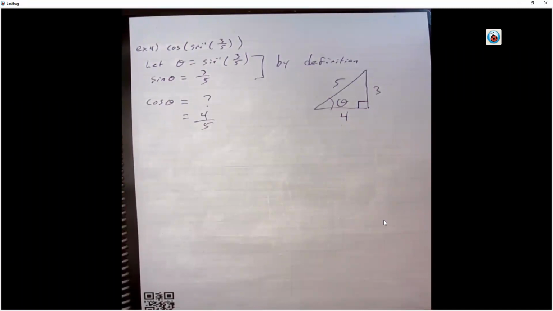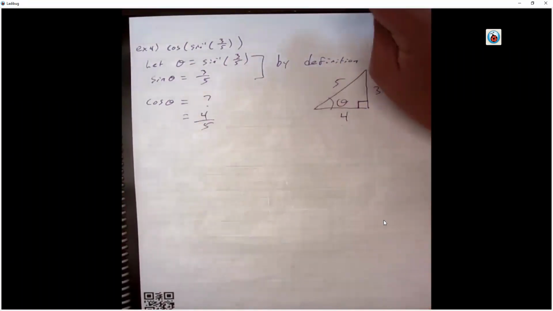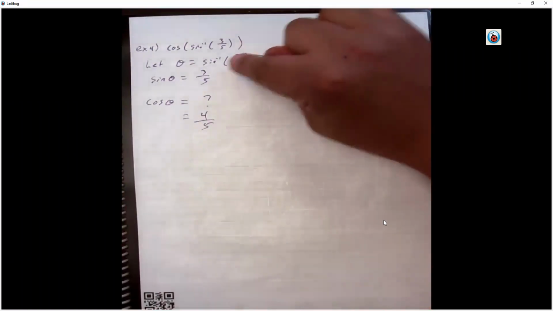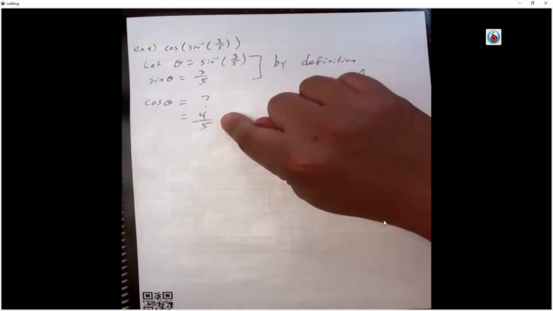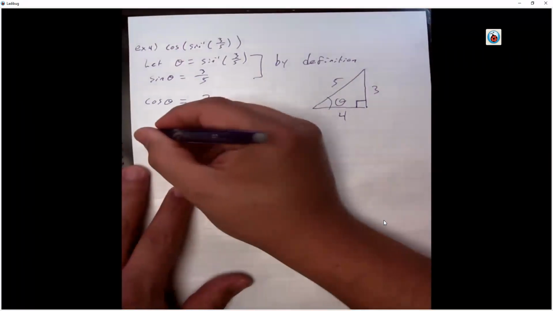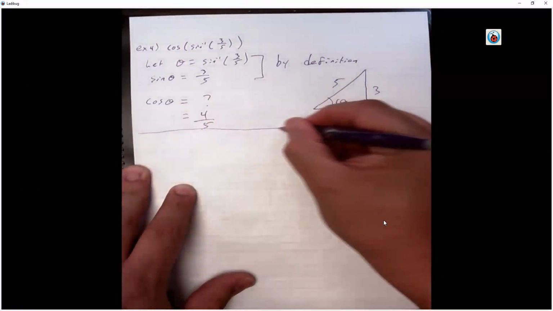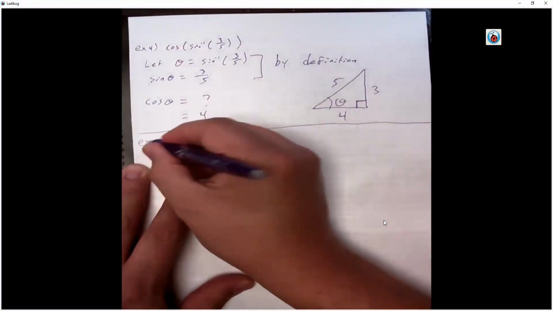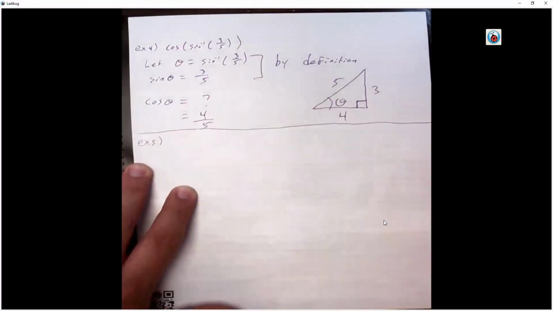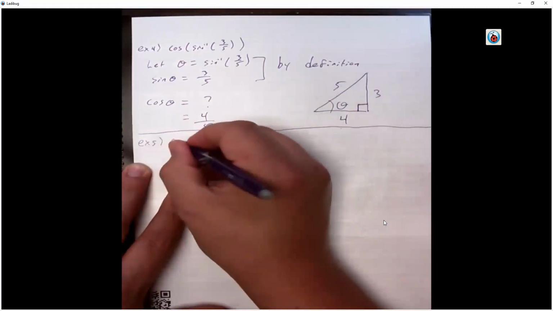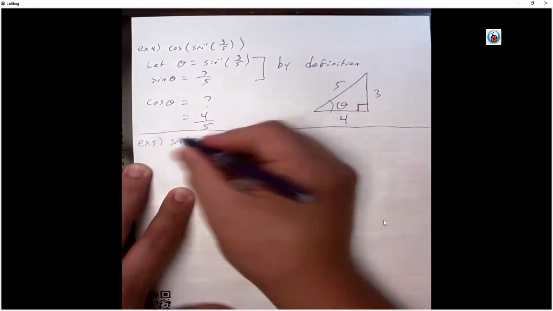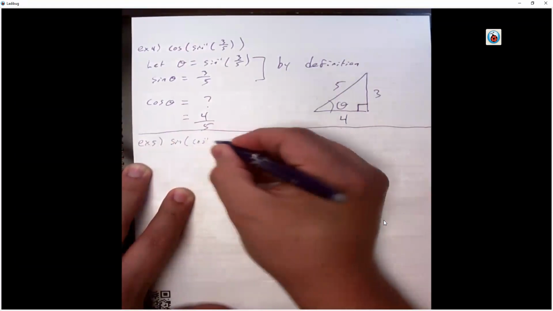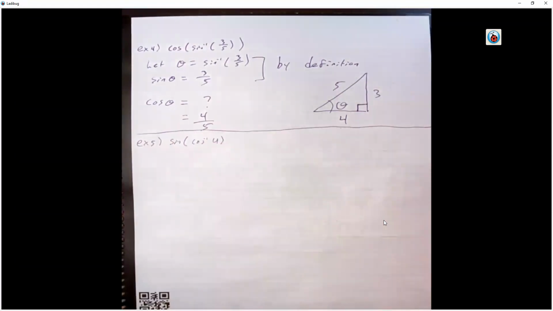So using this information, you find cosine. And you want to learn how to do this, right? Because this next question has no numbers. So you have to. For example, sine of cosine inverse of u. Right? There's no other way.